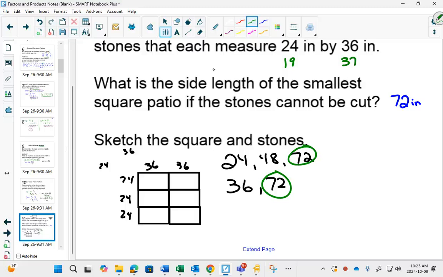The reason I chose 19 and 37, does anyone know why I picked those two numbers? They're both prime numbers. And if the lowest common multiple is just the prime factorization, the prime factorization of 19 is 19. The prime factorization of 37 is 37. And the lowest common multiple is just multiplying all your prime factors together that you have.